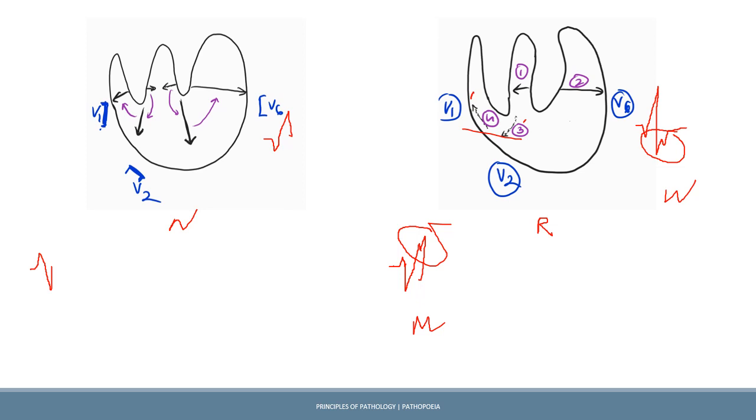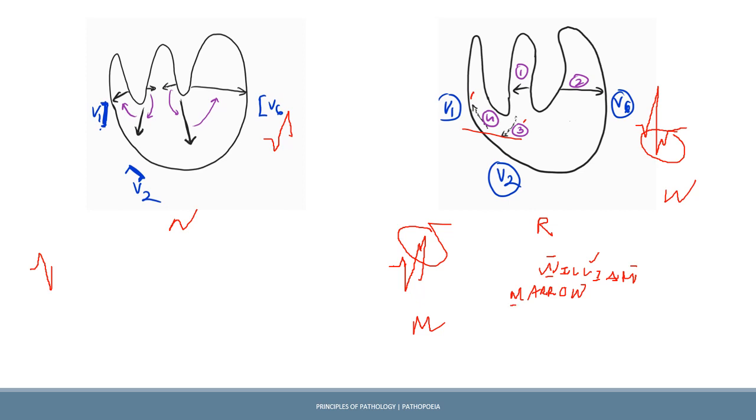Okay, and this is a mnemonic, actually: MaRRoW. We use a mnemonic called William Marrow. It's a very famous mnemonic. In William, L represents the left, and W and M. So W shaped in V1 and M shaped in V6 in the left bundle branch block.